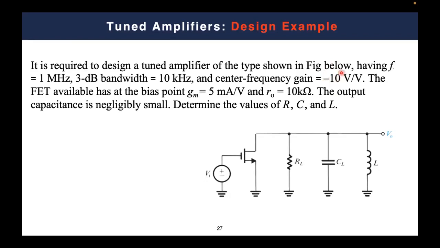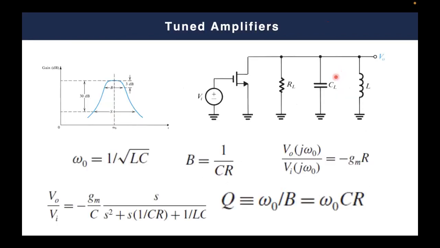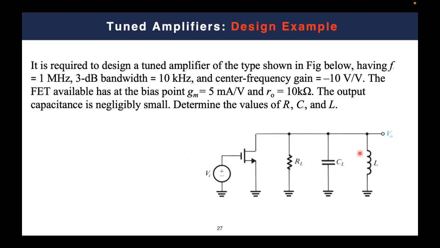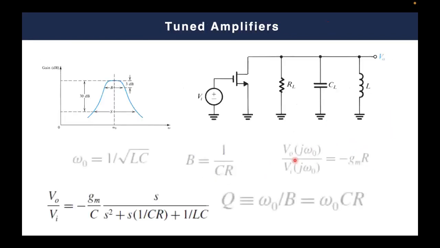This gain is equal to what? This gain is equal to GM times R, but just take care, my dear students, that now you don't only have R, you also have R naught in parallel. So simply, if we go to this small circuit model, I can just add it for you here.